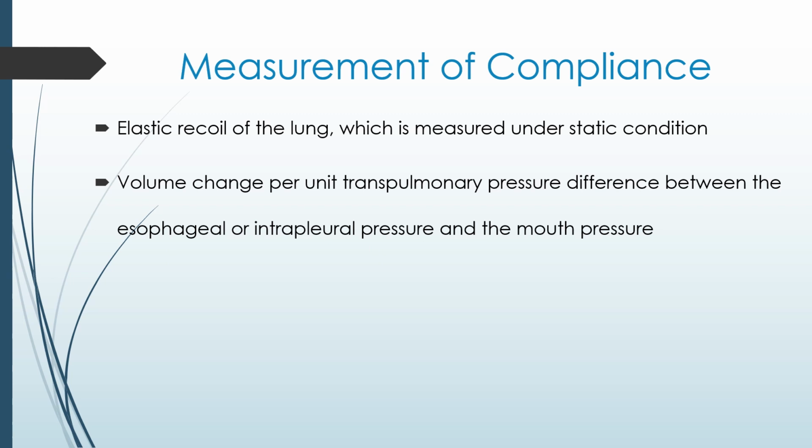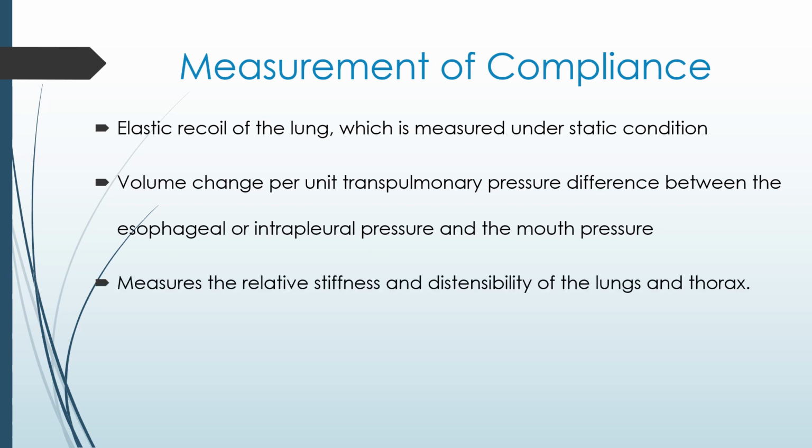So the change of volume per unit transpulmonary pressure difference between the esophageal or intrapleural pressure and the mouth pressure measures the relative stiffness and distensibility of the lungs and thorax.